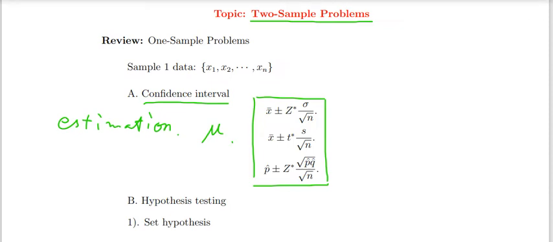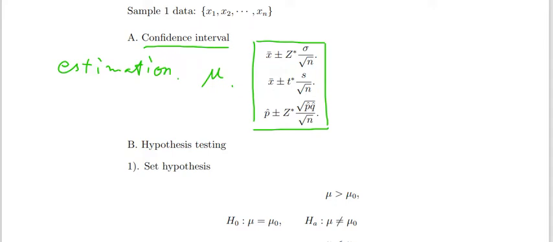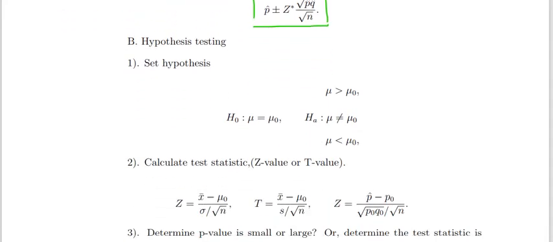The other thing is hypothesis testing. Some people say mu equals this number, but we don't believe it. We believe maybe mu is larger than this number, or less than this number, or not equal to this number.